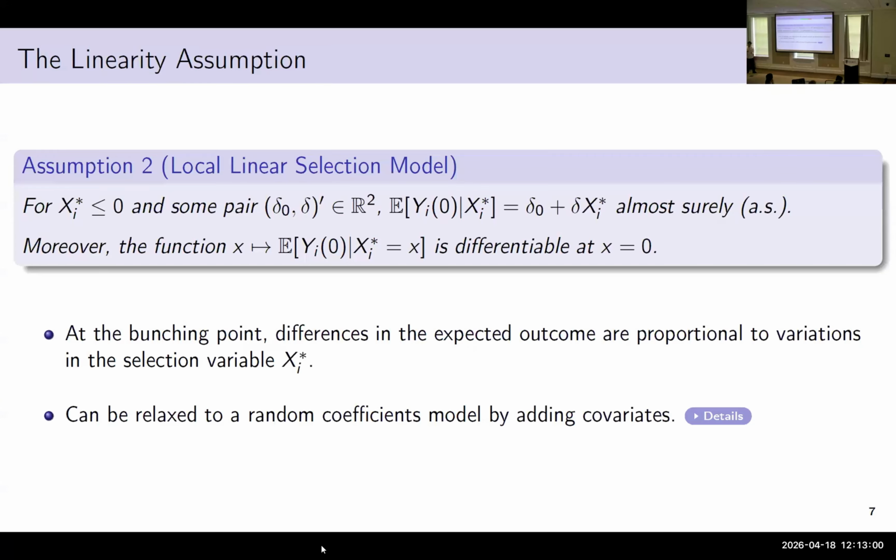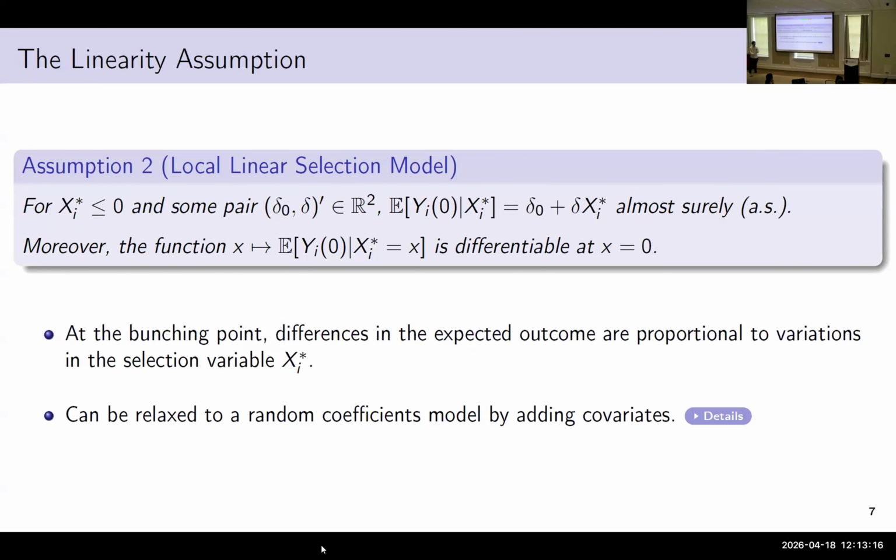So that contrasts with global linearity. This basically means that at the bunching point, the expected differences in the untreated potential outcome are proportional to variations in the selection variable X star.